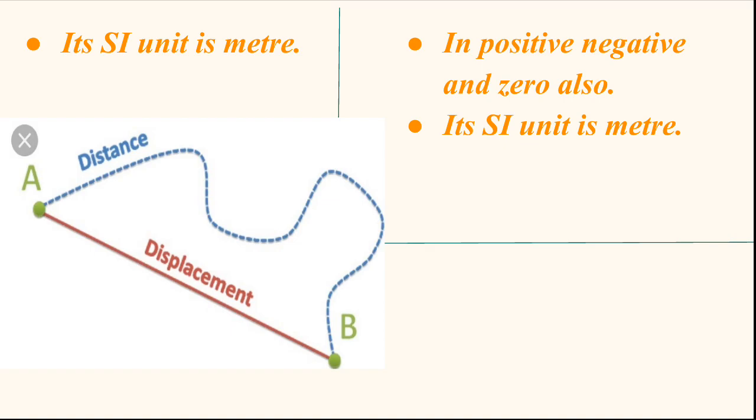That red line will be known as displacement, but the blue dotted lines were distance. With the help of this figure you can understand the difference between distance and displacement. So let us move to our next topic.